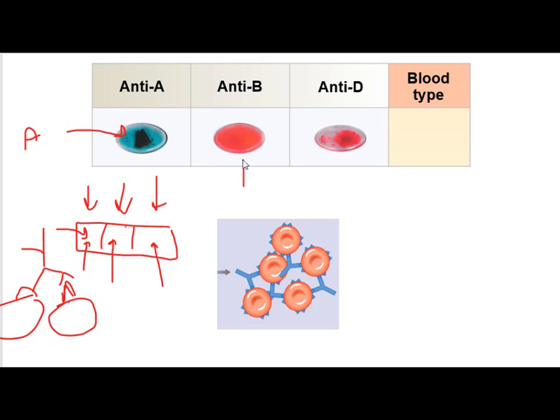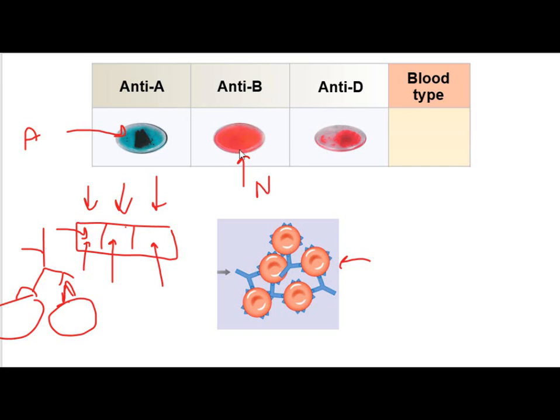Does it have any antigen B? No. Why? Because I don't see any agglutination. If agglutination doesn't occur, that means my antibodies were not able to find the antigen and bind to it. So you see, this is the agglutination. Because these antibodies are against A, they bound to the cell and agglutinated it.